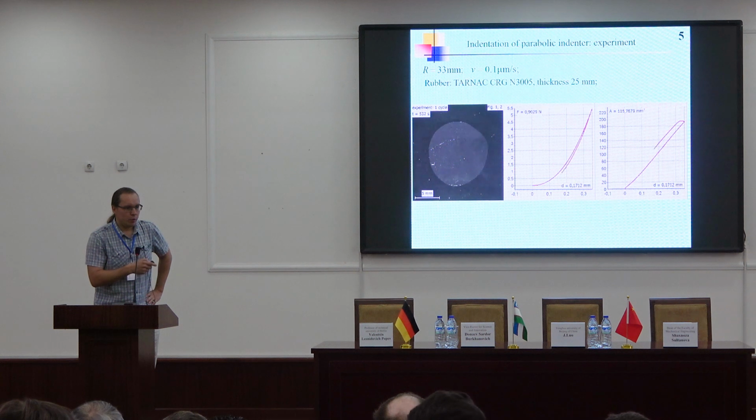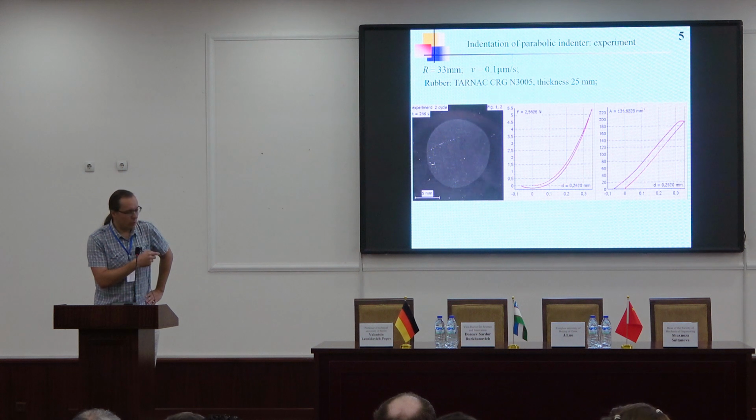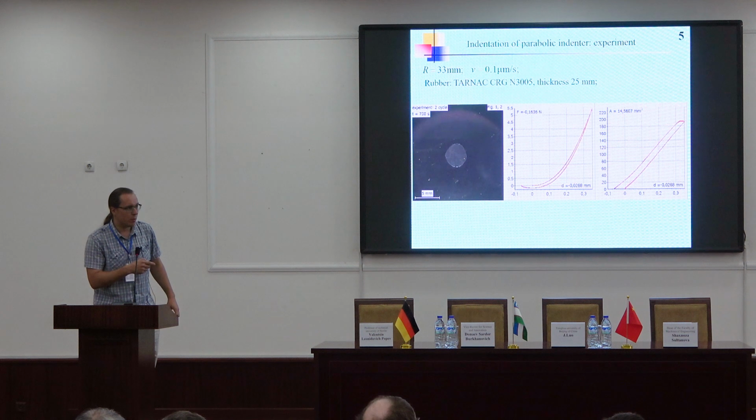We save the pictures of the contact area, and by analyzing these pictures we can calculate the contact area value. You can see here this hysteresis in the dependencies of force, indentation depth, and area of the contact.